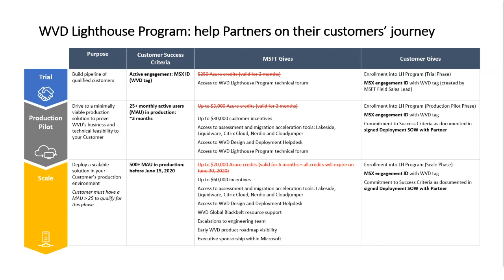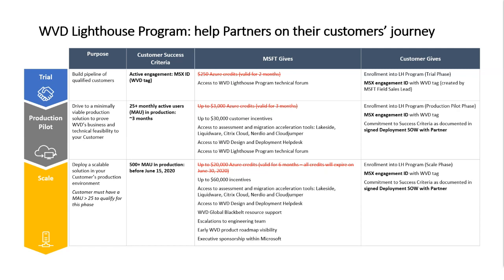The WVD Lighthouse program is actually targeted for CSP partners that have 100 plus monthly active RDS users across their entire portfolio. So not a specific customer, but all of their customers combined.